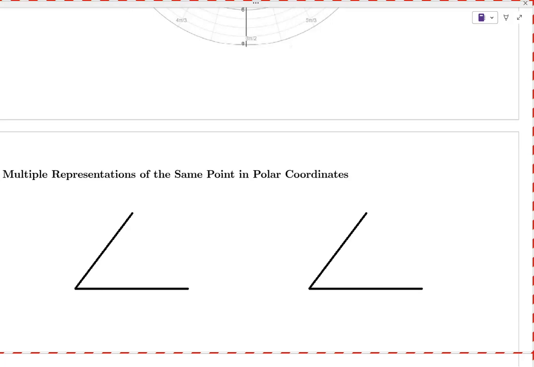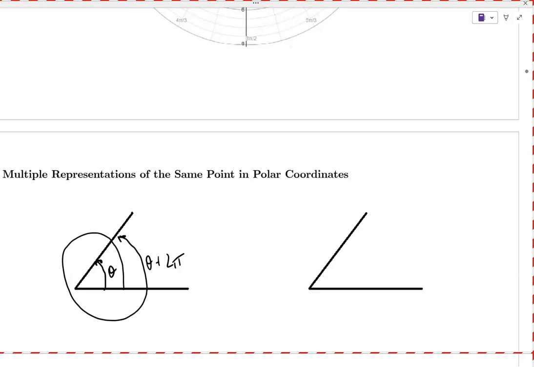So certainly, if I rotate this much and this is my theta, I would end up at the same place if I do theta plus 2 pi, don't I? We end up in the same spot, don't we? Or if I add 4 pi or add 6 pi or subtract 2 pi.